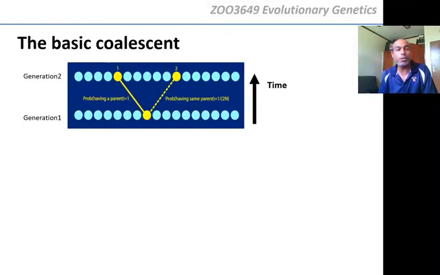So, the basic coalescent, let's try to understand the basics of coalescent theory. And I'm teaching you this because, yes, it is going to be stuff that you need in your assessments, but it's also stuff you need if you're thinking of doing honors next year in zoology.